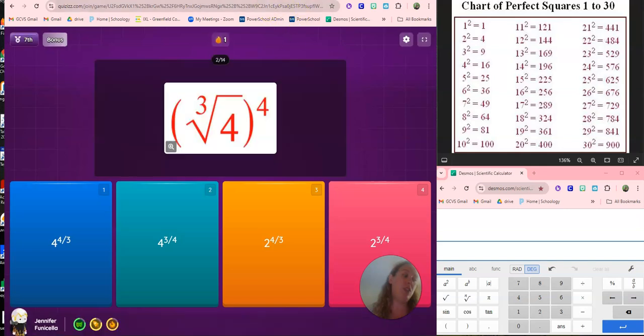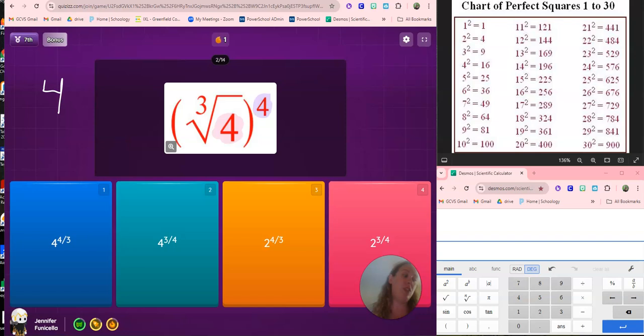For the next one, start with our base that we're focusing on, which is a 4. And I'm talking about this 4 here on the inside. So that 4, we want to write this as a rational exponent. So it's being raised to the power 4.